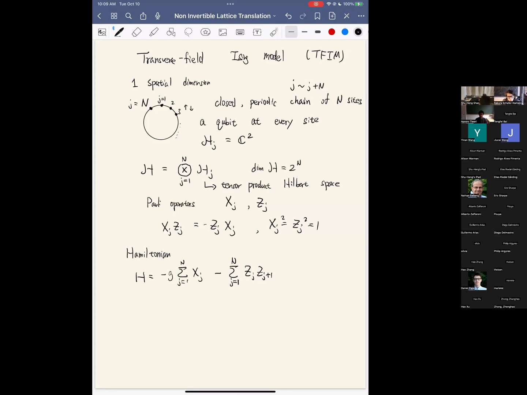Now the Ising model has the famous phase diagram. By a Fourier definition, I can always take g to be positive. Then the phase diagram looks as follows. When g is very small, you can ignore this term, and then we just have the nearest neighbor interaction. And this is the ordered phase, because the eigenvalue of Z could be up or down.